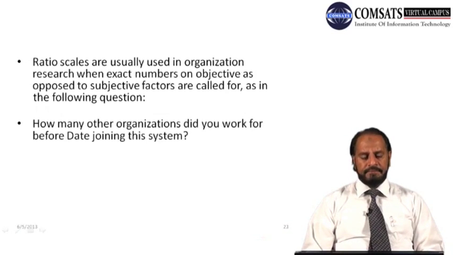So again, ratio scales are usually used in organizational research when exact numbers or objective factors, as opposed to subjective factors, are needed. In the examples we looked at, we need to know exact figures, such as how much the sales were, what your weight is, the number of employees you've got. If you need to obtain exact figures, such as your age, then the type of scale you need to use is the ratio scale.